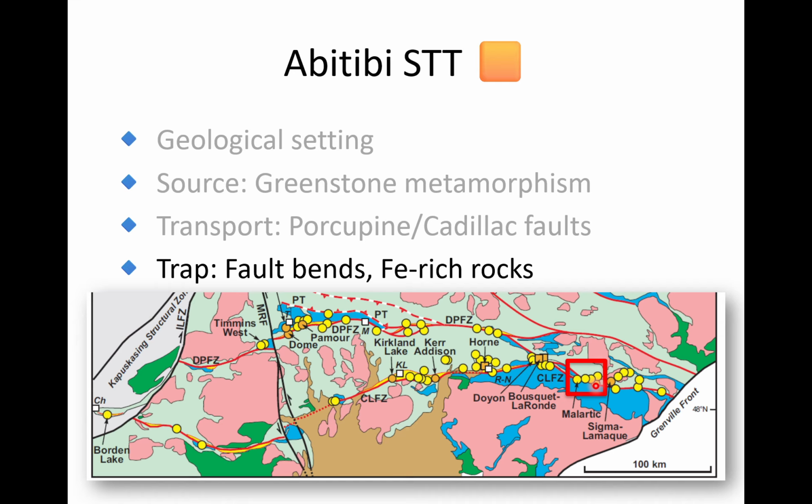Rock structure controls both transport and deposition, meaning that wherever the structure permitted, the fluid deposited the gold. The presence of iron-rich host rocks, such as basalts, banded iron formation, and ultramafics, also enhanced deposition through sulfidation.